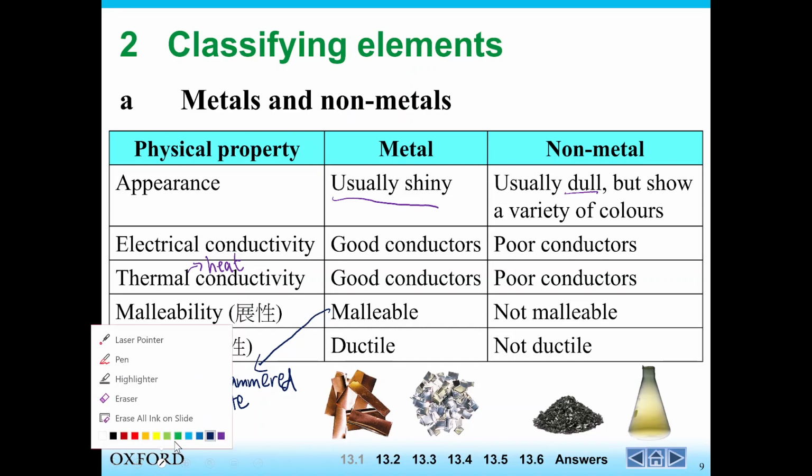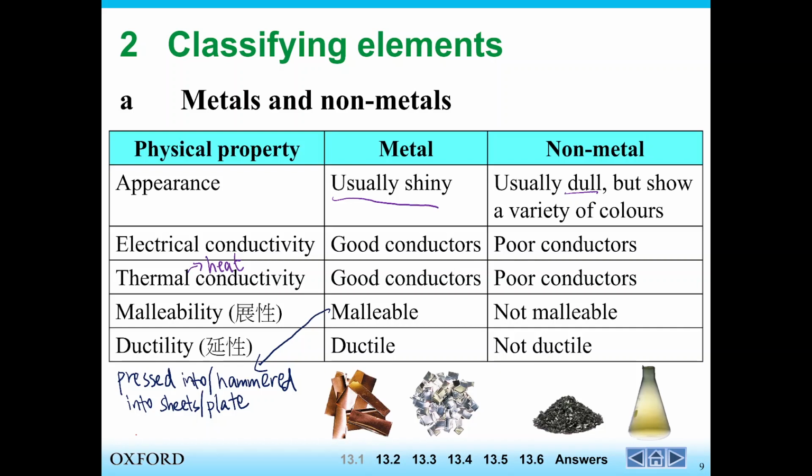Whereas ductility, or something being ductile, like metals are ductile, means that you could lengthen or elongate them into thin wires. So it's like you're increasing the length, but not really increasing the area into a wider surface. So maybe I'll write it's lengthened into thin wires.